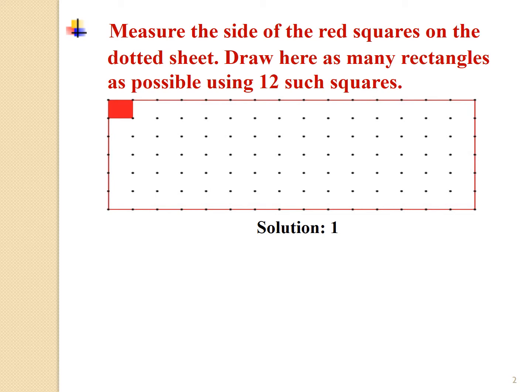Students, in this question, we have to draw as many rectangles as we can using 12 squares, and then we have to answer the given questions. So, let us draw as many rectangles as possible.